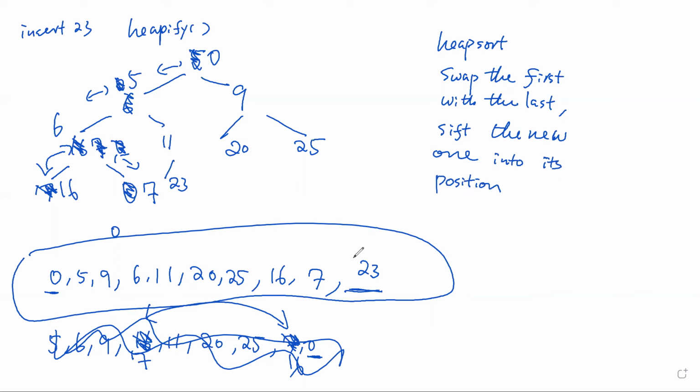Into its position. So what that means is you're going to take off 0, then swap the first and the last. You already removed it, so you bring the last one here. You bring 23 here.